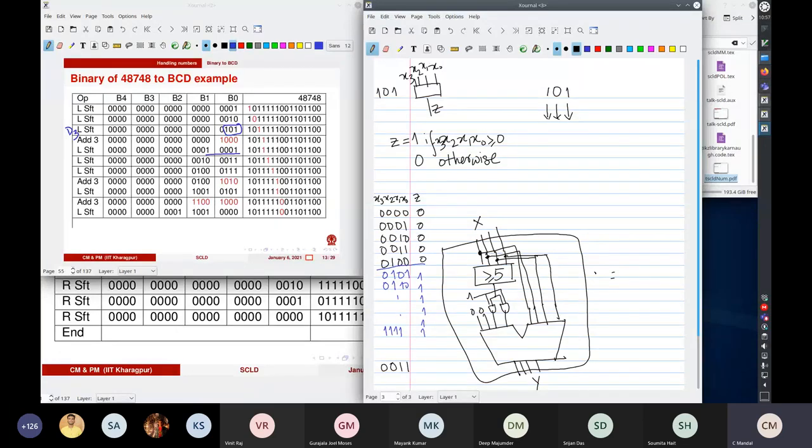What will this compute? It will compute y is equal to x if x is less than or equal to 5, or x plus 3 otherwise, right? So this is what this is doing. Okay, this is how you get y.